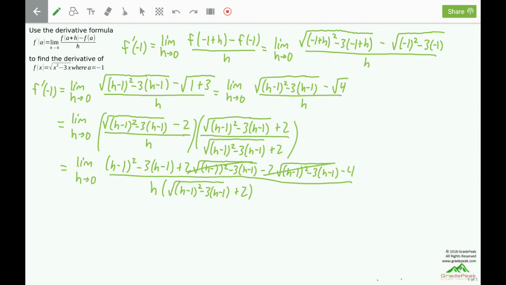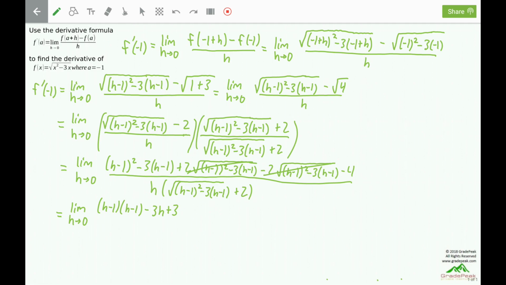At this point, we're going to want to expand, because our goal is still the same. We need to factor an h out of the numerator to cancel with the h in the denominator, so we need to expand the remaining expressions in the numerator. H minus 1 squared will be h minus 1 times h minus 1. I'm going to distribute the negative 3, which will give us a negative 3h plus 3.